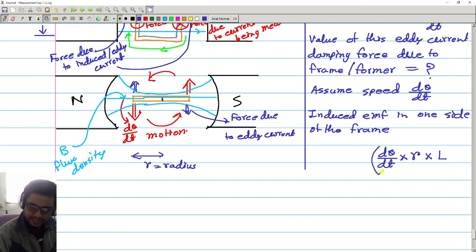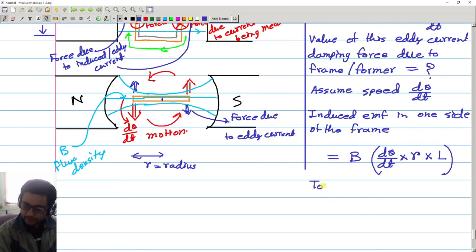Now if I multiply this area with the flux density, that is the amount of flux this side has intersected per unit time. Can you visualize that? So this is the rate of flux intersection by one side of the former, and this is the EMF induced according to Faraday's law.